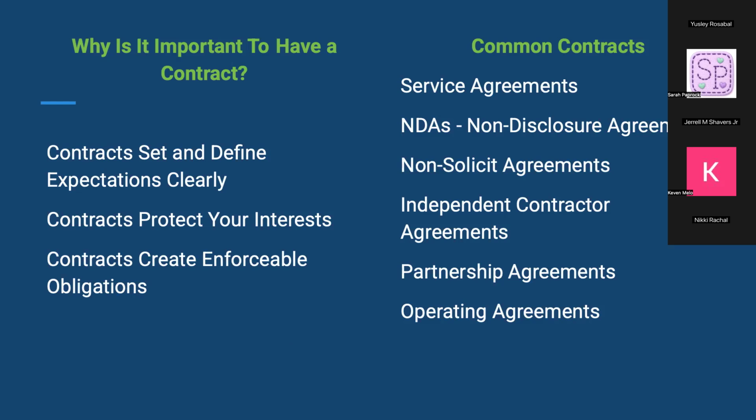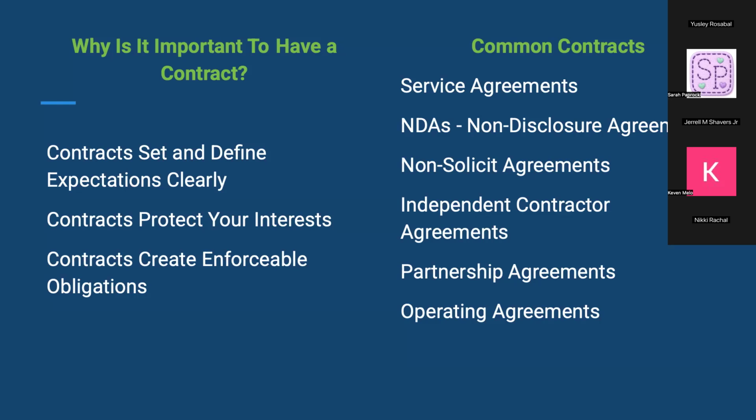These are some common contracts that you may have for your business or you've seen before. A service agreement: if you're providing services, a common one is maybe catering. I've worked with a lot of business owners that do event planning, and so they have service agreements. You're providing a service to a customer for specific things. Another thing is an NDA. I've worked with people who are mobile bartenders, and they may have their own special drinks or recipes.